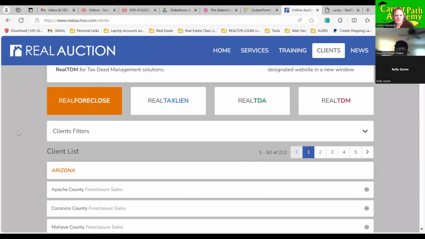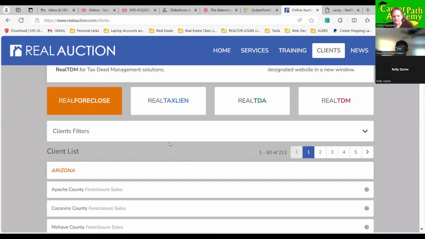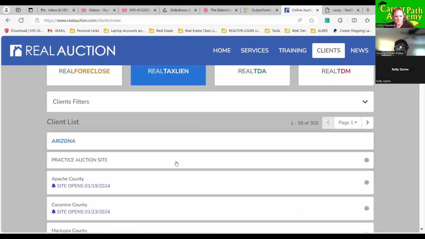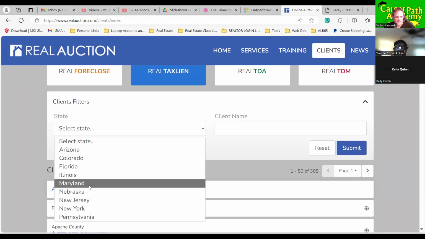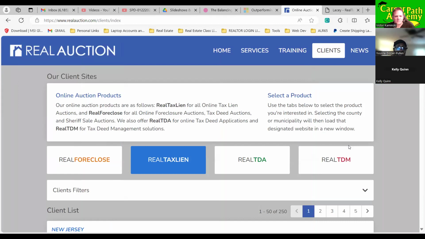So then you have to click on Real Tax Auction, because it just takes you to Real Foreclose. They have these different software and their client list. You have to go to the Real Tax Auction one, Real Tax Lien, that's their software. And then filter it to New Jersey. Select New Jersey, and that's all I did.